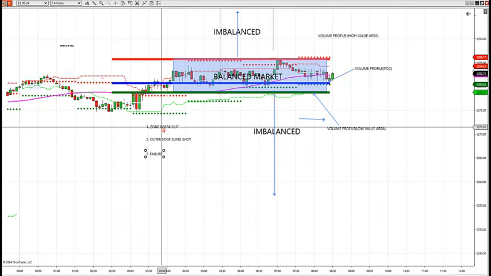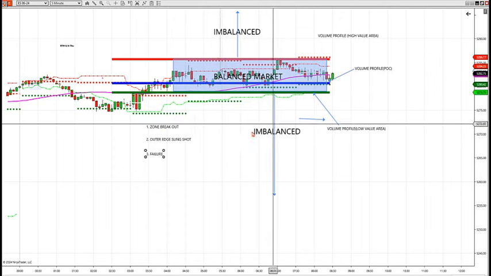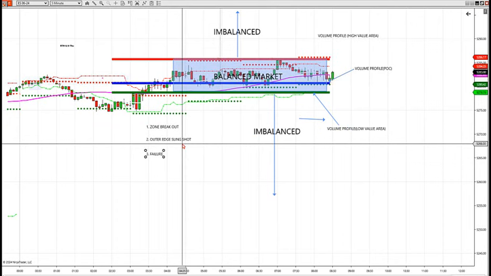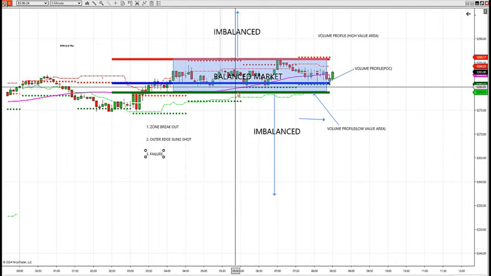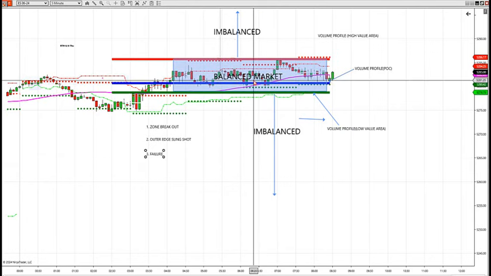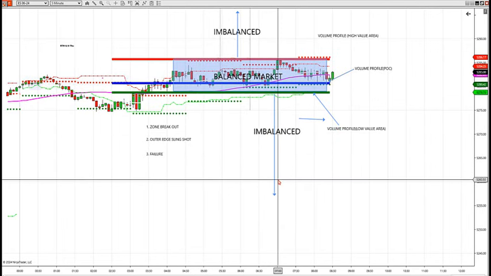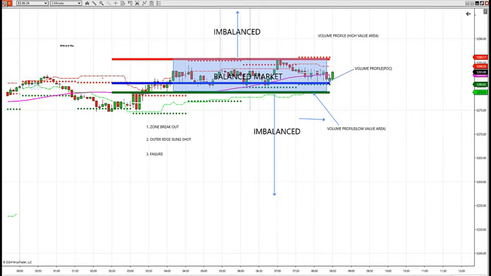So the easiest thing to remember when you're looking for zone breakouts, you want these to happen inside of an imbalanced market. You want the outer edge slingshots to happen with the imbalanced market trend direction or inside of a balanced market. Either way, the failure, you want to be outside of profile and getting back inside of it. So we can use that as a tool to help us out.